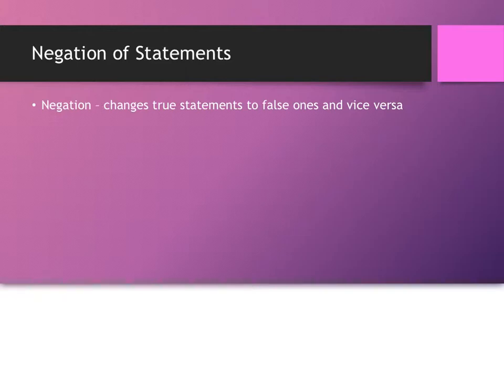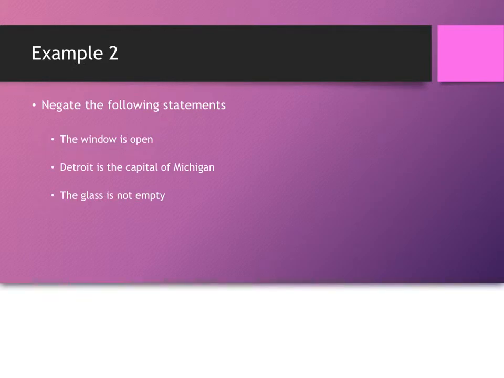So let's look at a couple examples. If we were to negate the window is open, the negation of that is the window is not open.